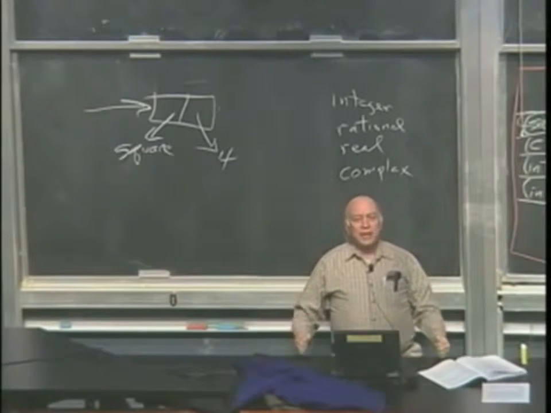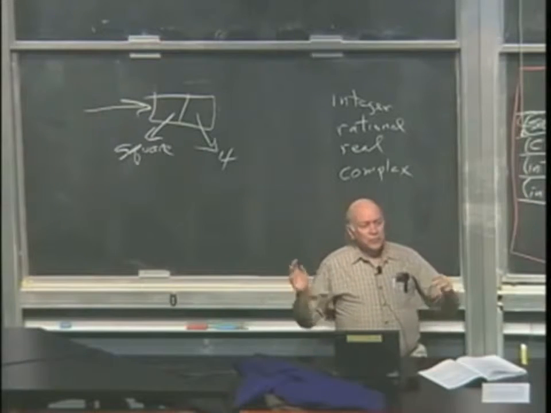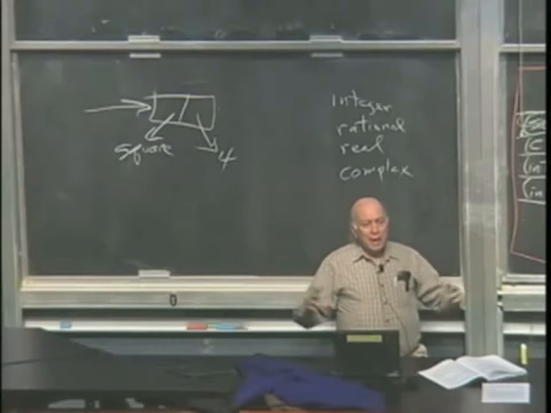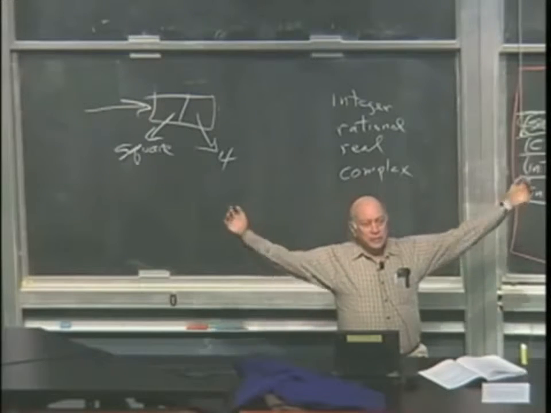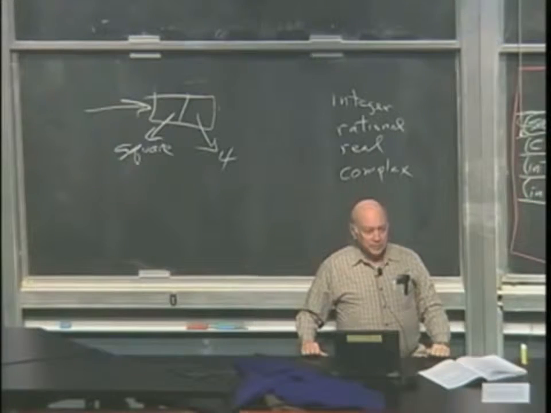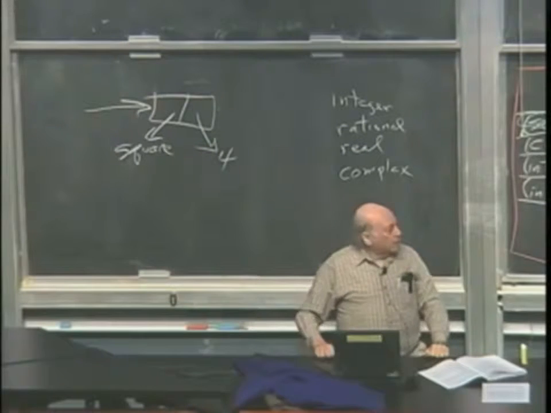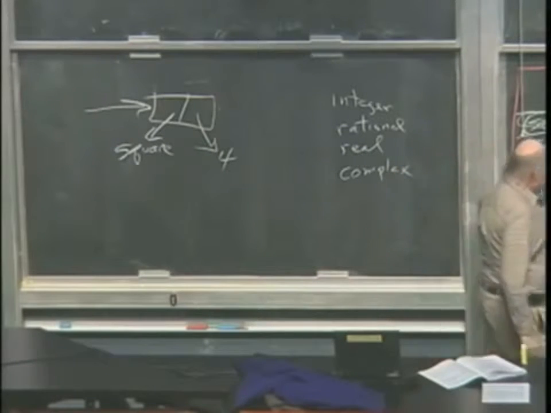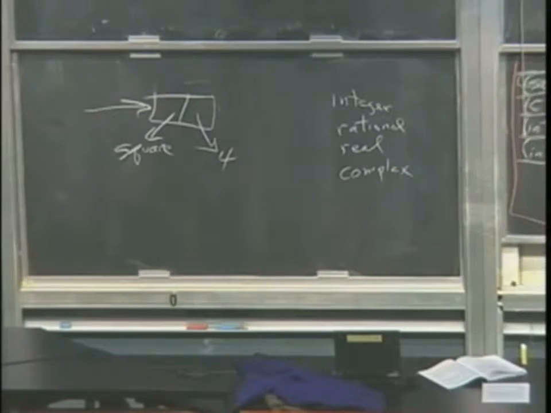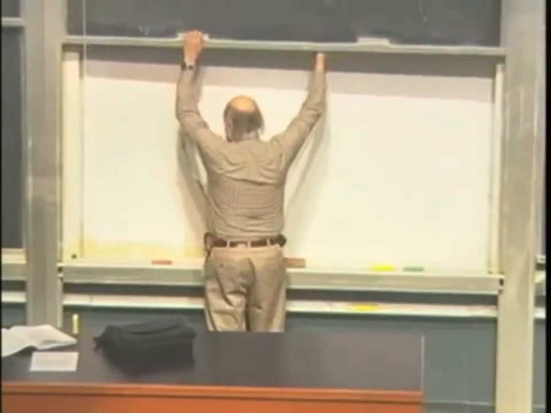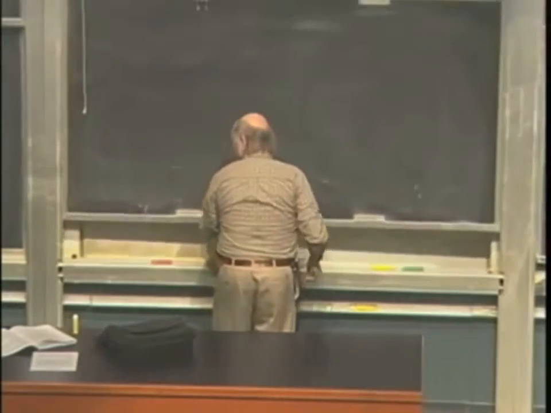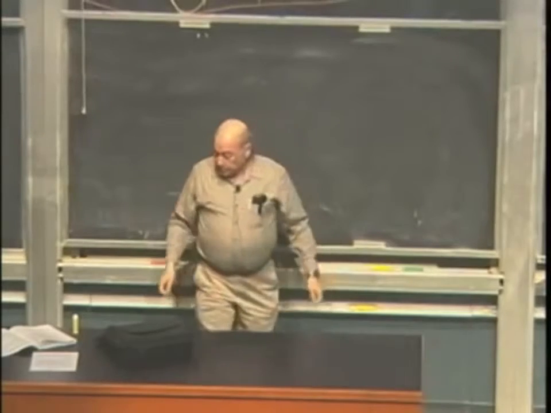We're going to take advantage of the fact that these 4 numeric types happen to form a nested sequence of bigger and bigger sets. And we're going to do it this way. First, we're going to find our chalk. There we go.